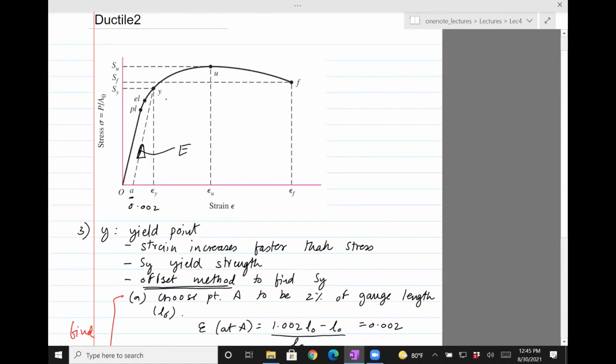Okay, so we see that that's Y. Then we have this point. This is sort of the apex of the curve. So this is where the slope of the line is almost zero. And then ultimately the material fails here. So it sort of breaks.